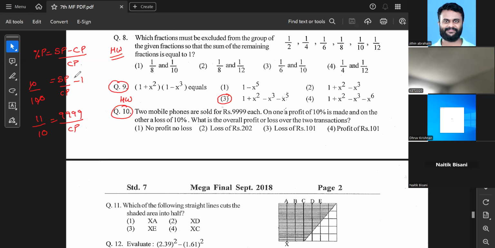I'm trying to recollect that. X square upon what? X square upon 100 it is, or it was some other number. So it should be like 100 upon 100%. So it is 1% loss. No, it was something else actually. Yeah, there is a formula. I'm trying to recollect.